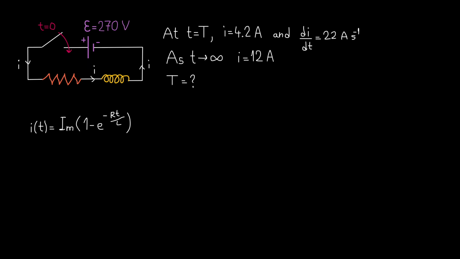Now, the other piece of information that's given is di dt at the same moment. Let's come up with an expression for di dt. Let's take the derivative of this formula, see what we get.